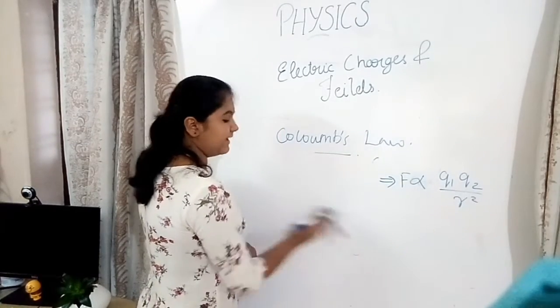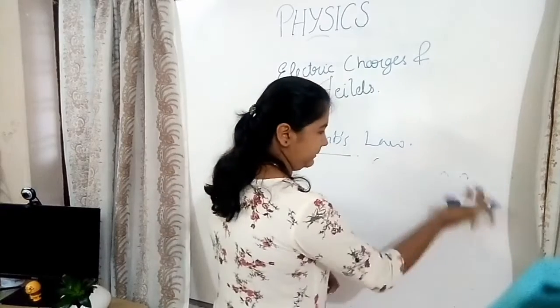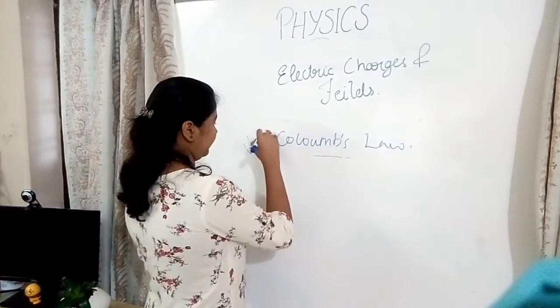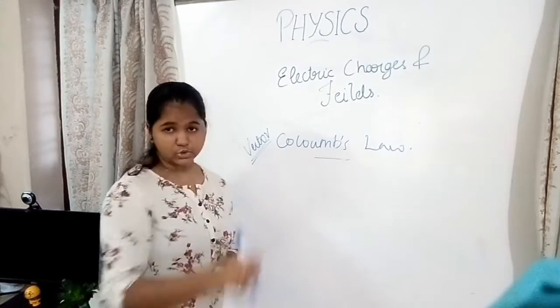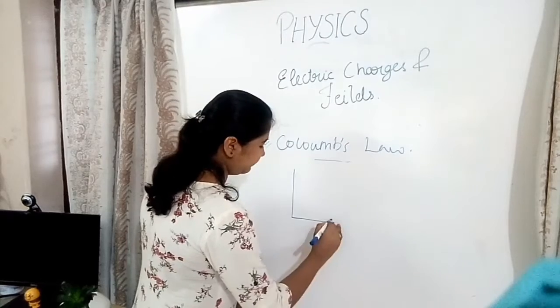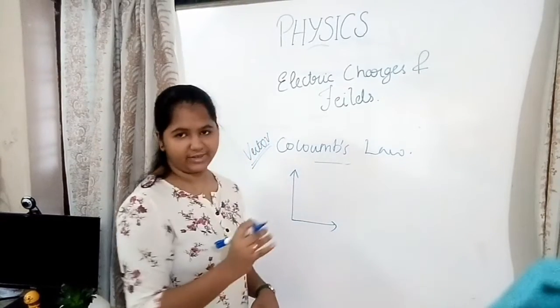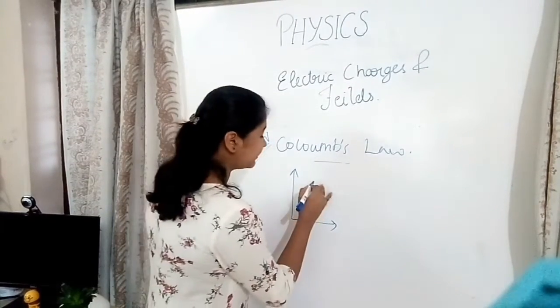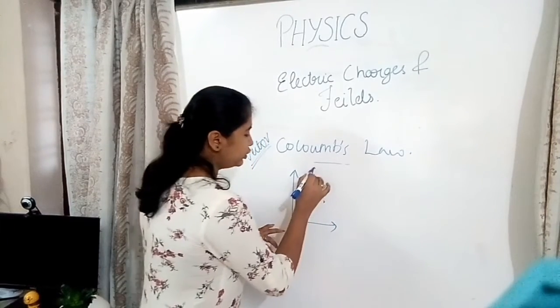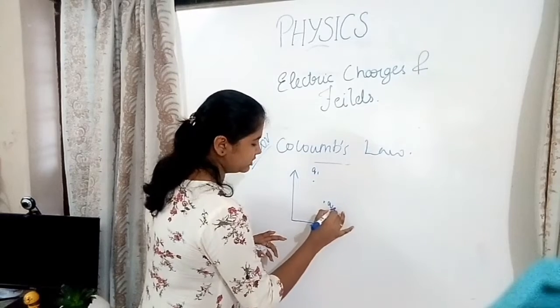Now we have to learn the vector form of Coulomb's law. First we'll mark 2 points, A and B. Over here we have the Q1 charge and Q2 charge.